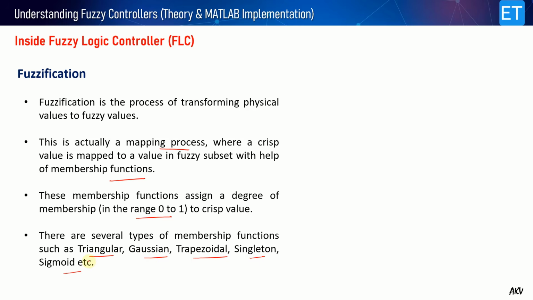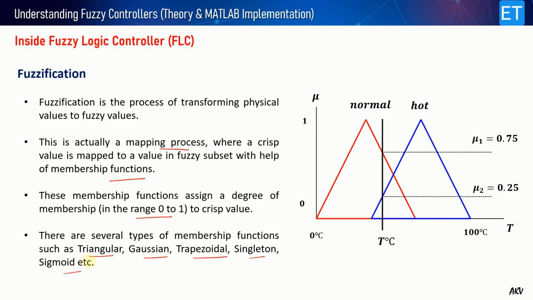Depending on the requirement, we choose the appropriate membership functions. Here in this example, you can see how crisp values are fuzzified. We have two fuzzy subsets, normal and hot, for the temperature T, and this is my input temperature, let's say some T degrees Celsius, that is a crisp value.